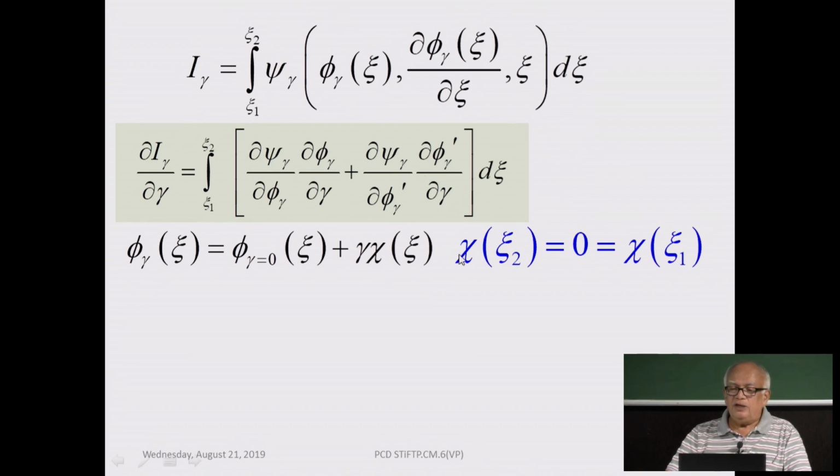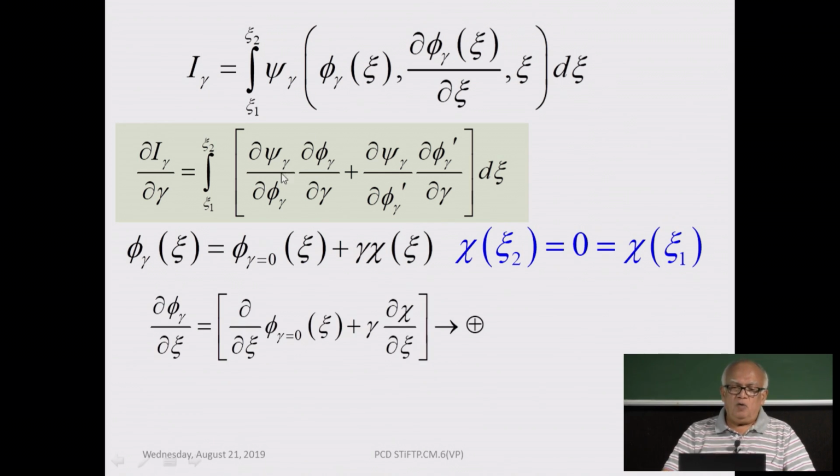And then the important point is that at the extreme point, just like the example which I mentioned when you throw the stone, all right, you have one initial condition and one final condition at which there is no variation. So, the chi itself, which is contributing to the variation in phi, linearly scaled by gamma. So, chi at xi2 and chi at xi1 are both 0, there is no variation, those are the fixed points.